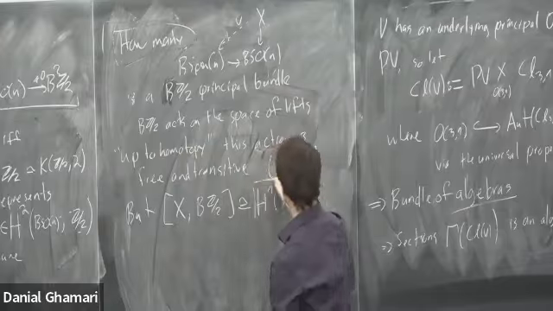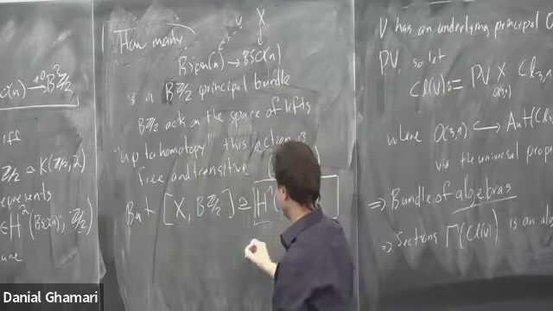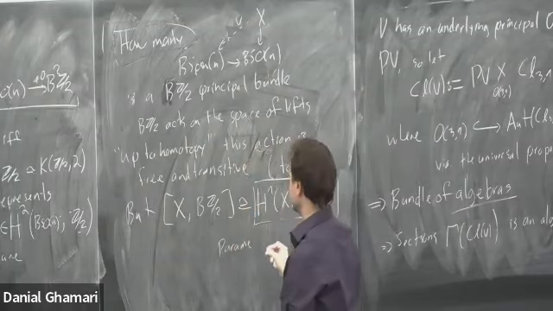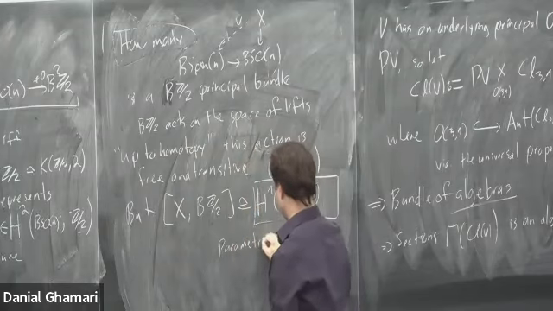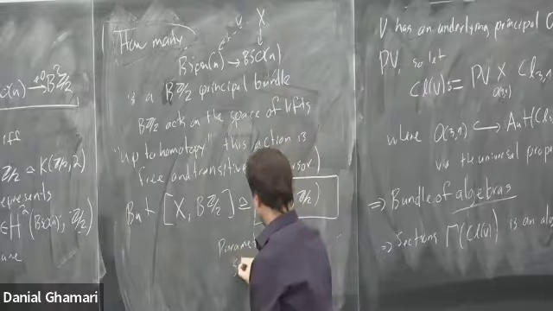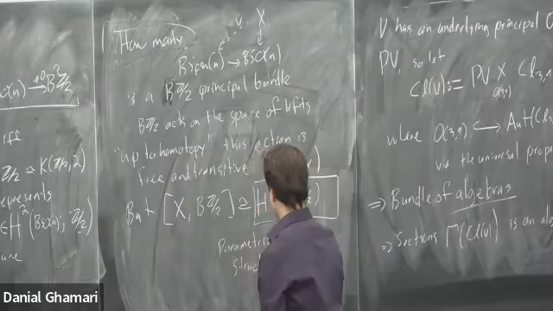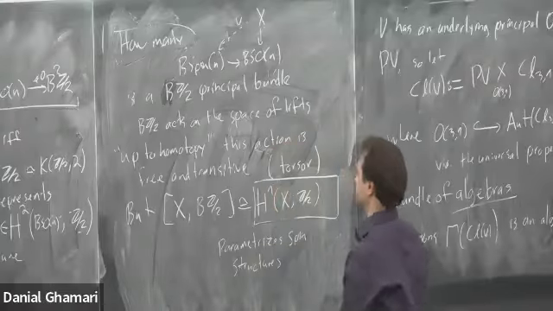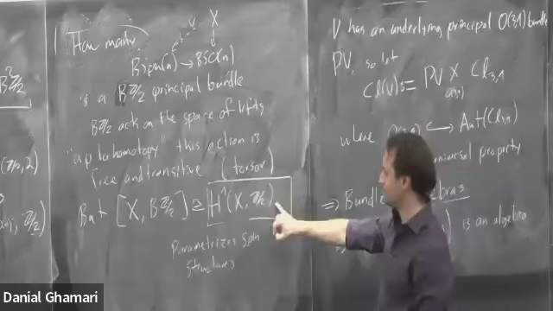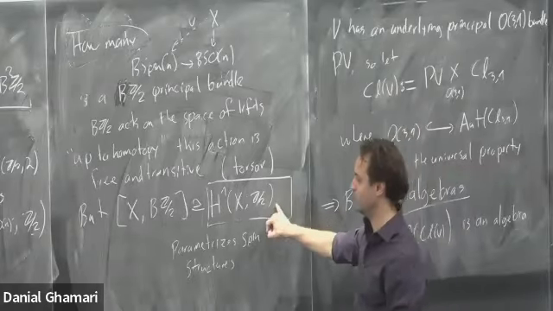So this actual abelian group parameterizes spin structures when a spin structure exists. So either there are no spin structures, or the set of spin structures is in bijection with this first cohomology group.